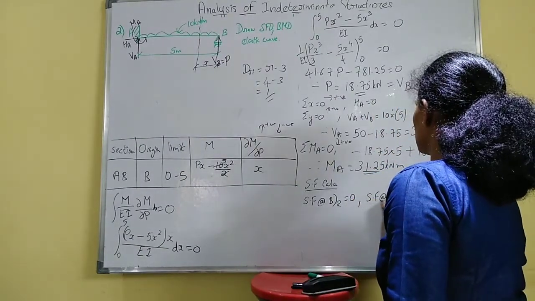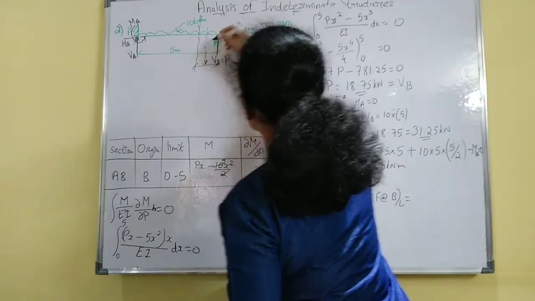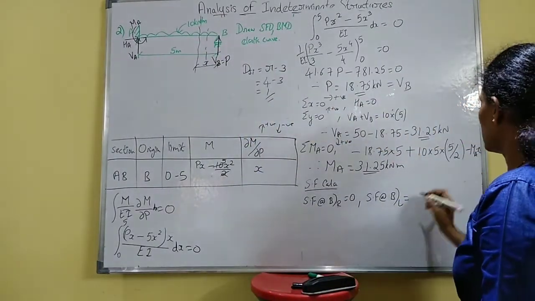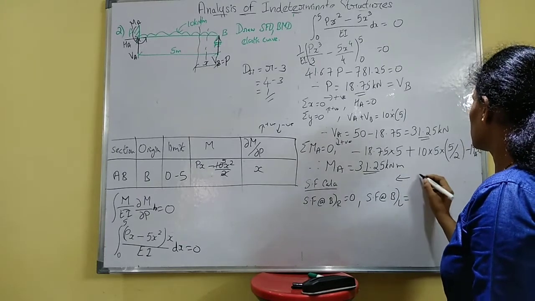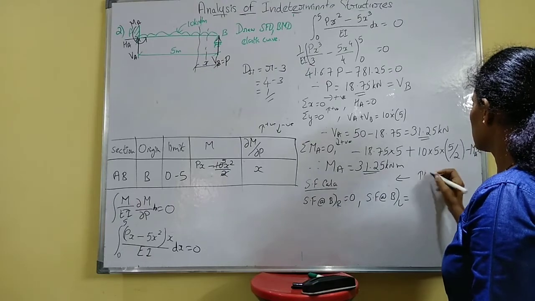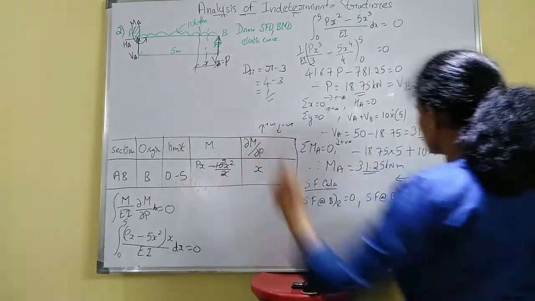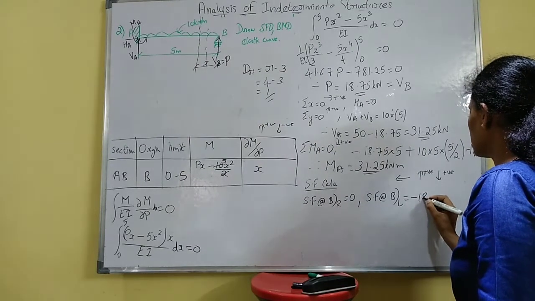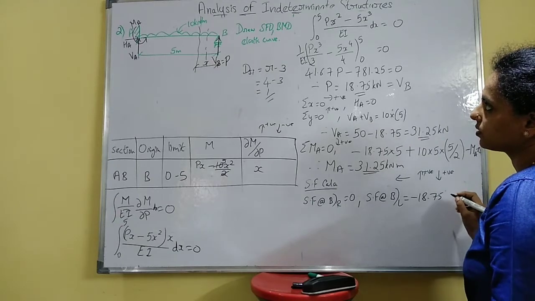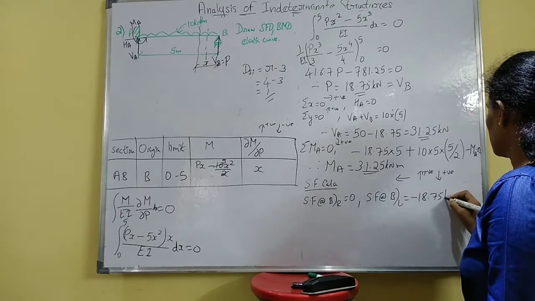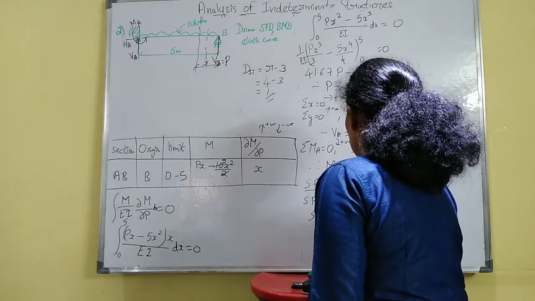Shear force at left of B, suppose here is a section, you have shear force from this side, sign convention: upward as negative, downward as positive. So this is upward, so negative, minus 18.75 kilonewton.